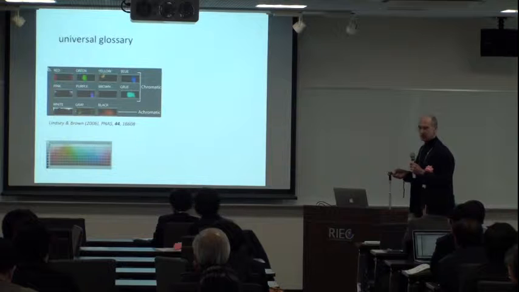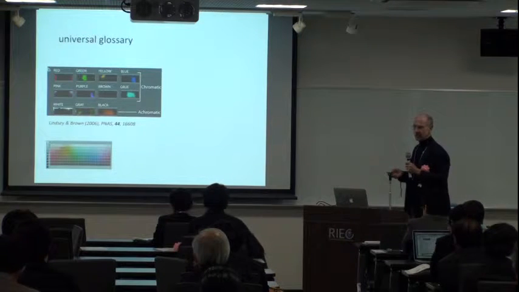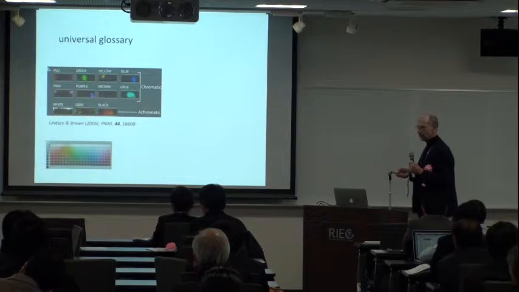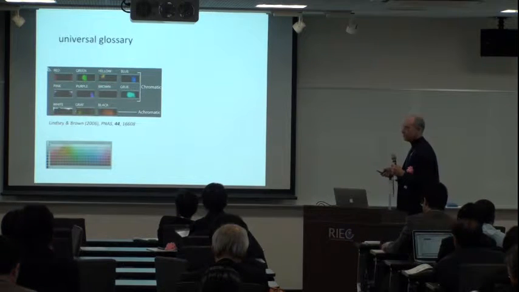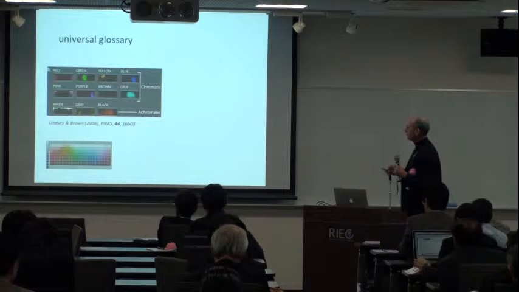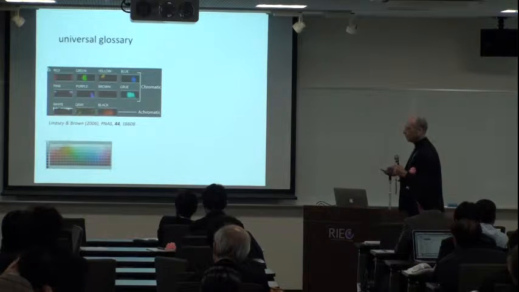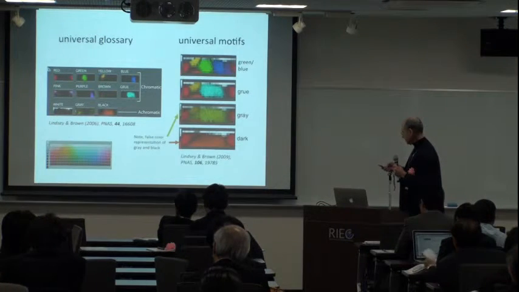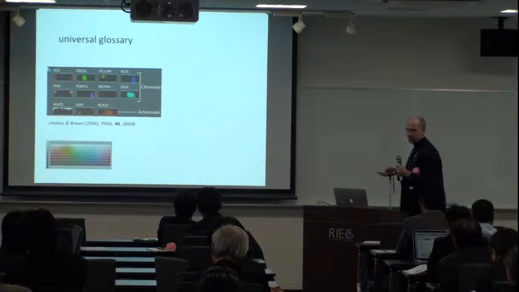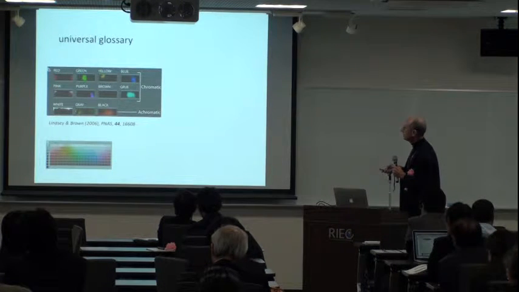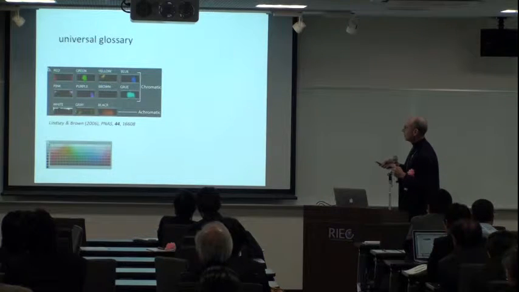What we did was a cluster analysis where we looked at how all of the terms used in all of those various languages by all of those individuals compared. And what we found through this cluster analysis is that all of the naming could pretty much be summarized in terms of a set of color categories that all of these various languages and individuals had in common, which are represented here. We refer to this as a universal glossary.